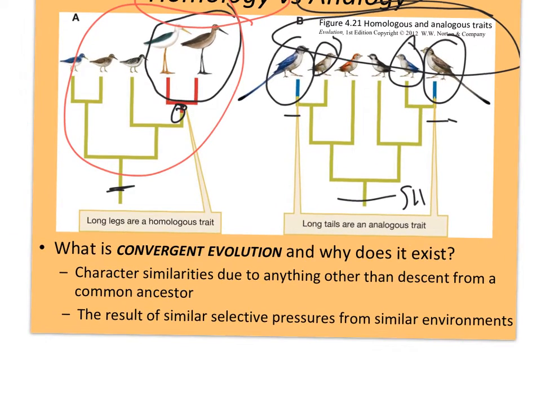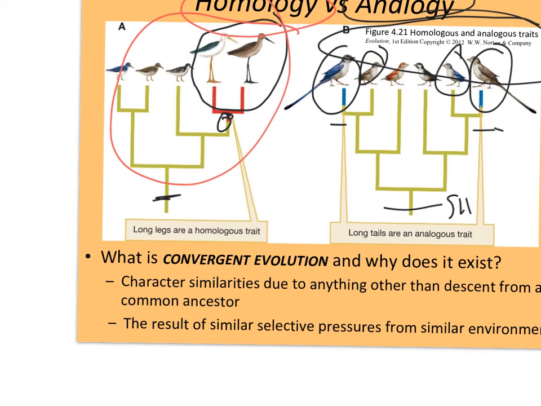Now, when you see this kind of thing where there's shared traits but not because of common ancestry, it's due to what's called convergence or convergent evolution. Okay? Convergent evolution: similar traits but not due to common ancestry.